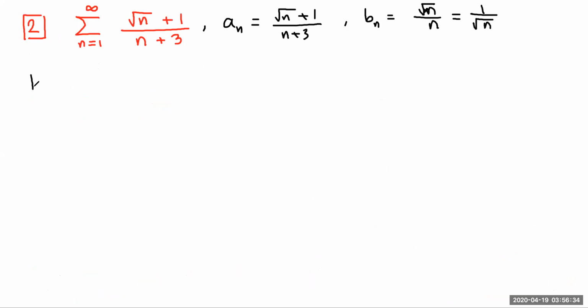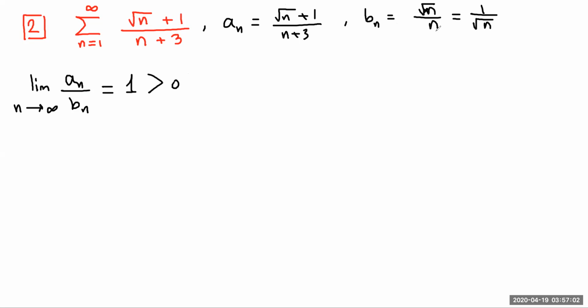After that, what is the limit of an over bn when n goes to infinity? Because of the definition of bn as root n over n, the limit will be 1. And this is bigger than 0. So I can use the limit comparison test.